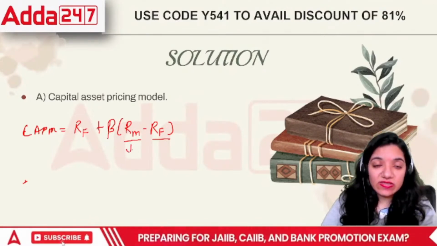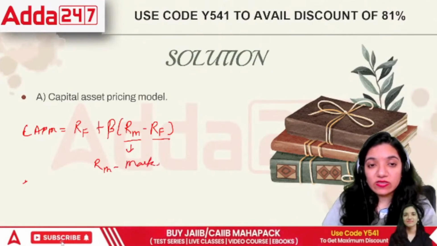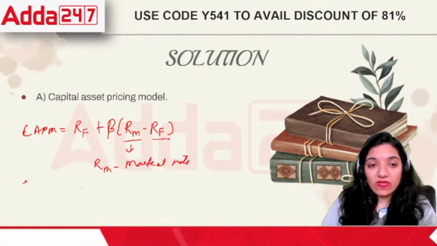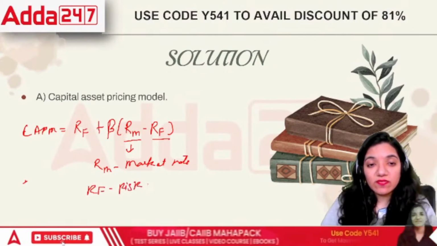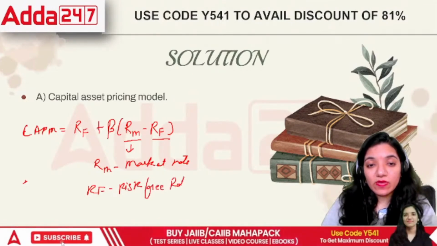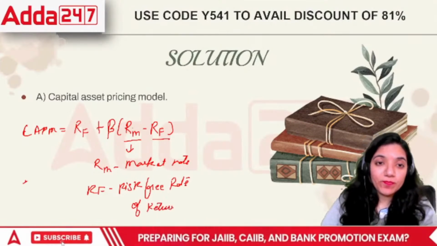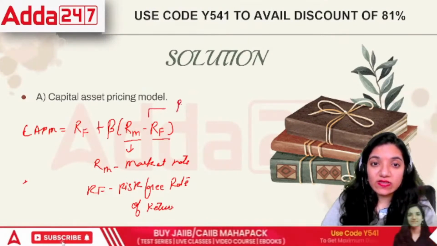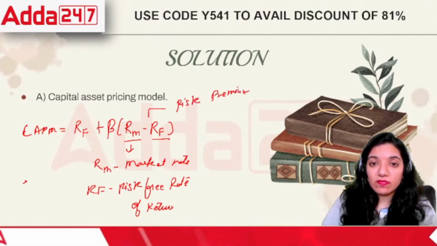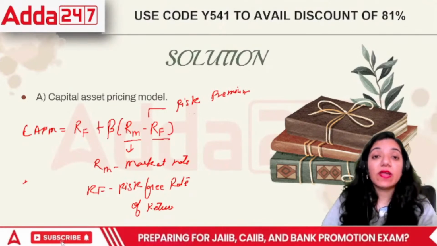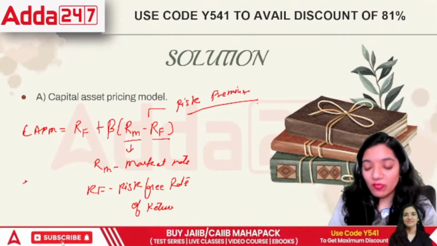RM is the market rate, and RF is the risk-free rate of return. This is called the risk premium. So this is the CAPM model, also called capital asset pricing model.